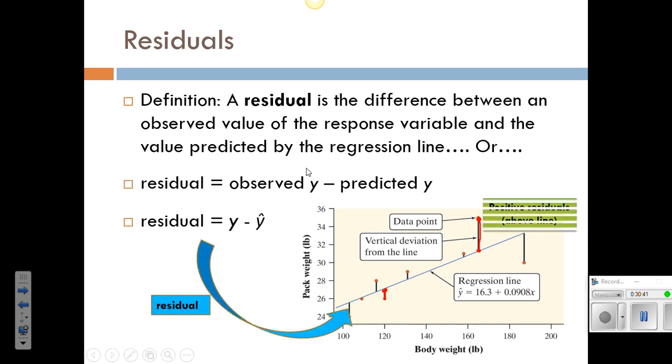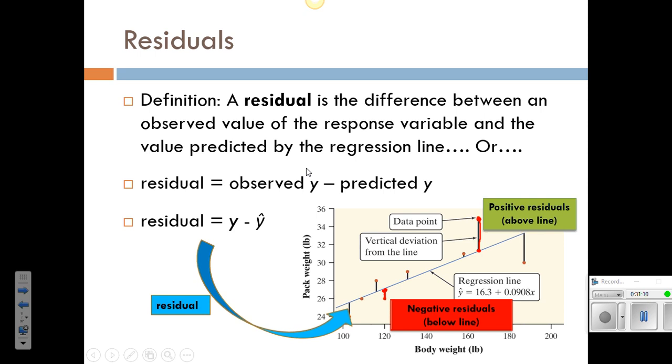Okay. Now, notice that positive residuals are above the line, whereas negative residuals are below the line. However, it doesn't matter if they're positive or negative. Negative residuals are not more erroneous than positive residuals, and vice versa.